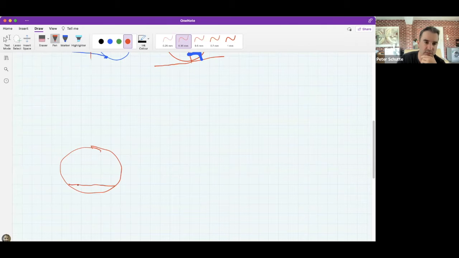And what happens is if you've got a chord and it makes an angle up here, so let's say you get that, and then that same chord makes an angle up here, those two angles over there are equal.